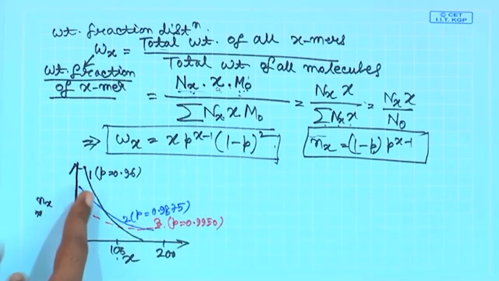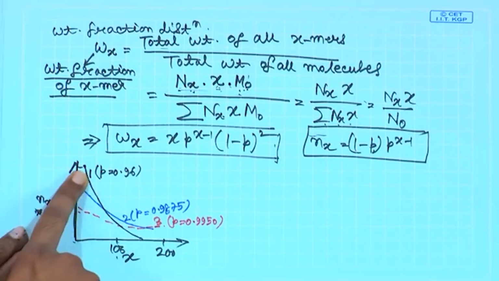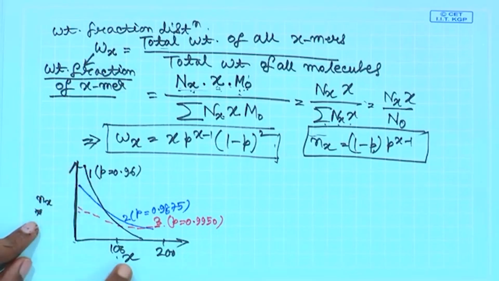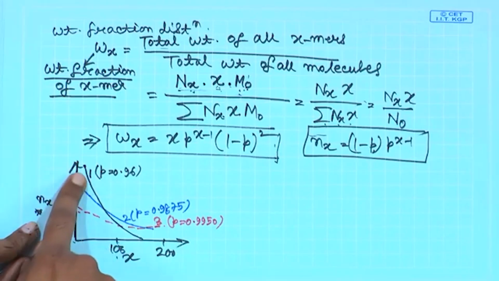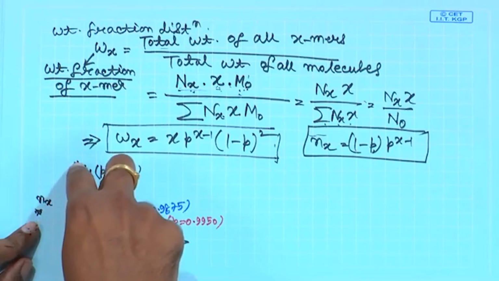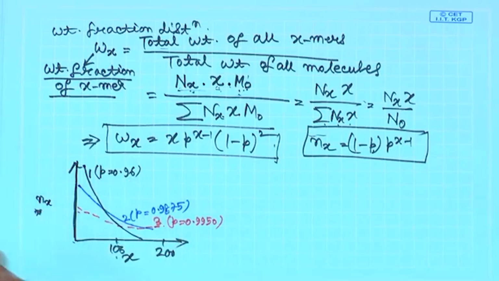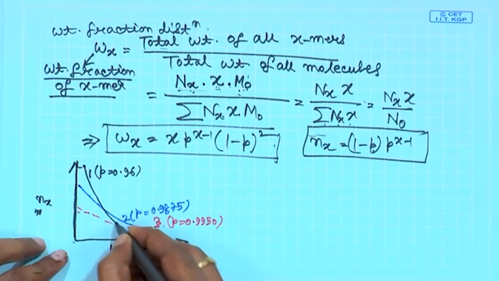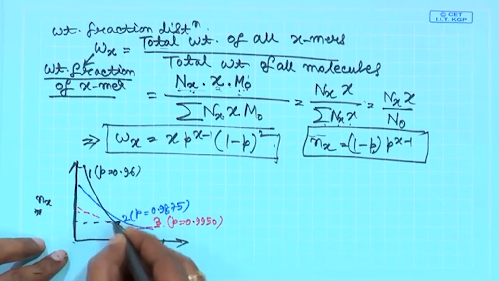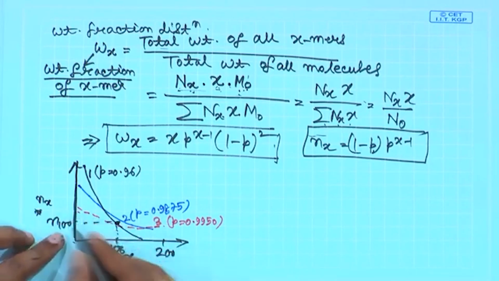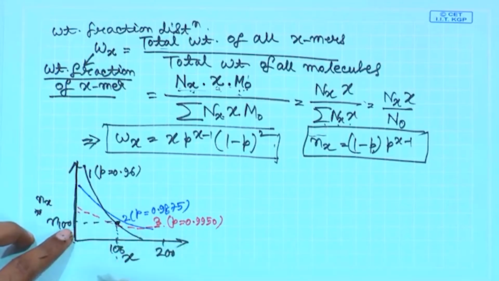So, if you are going towards here, you are going towards a monomer. x is very small, oligomers or even monomers when it is getting very close to the y axis, and this is the amount of monomer that will be present at p equals 0.96, and then say for example, this is the number fraction of 100 mer, so on and so forth.